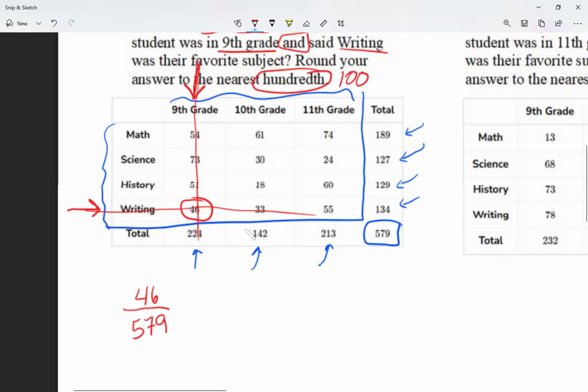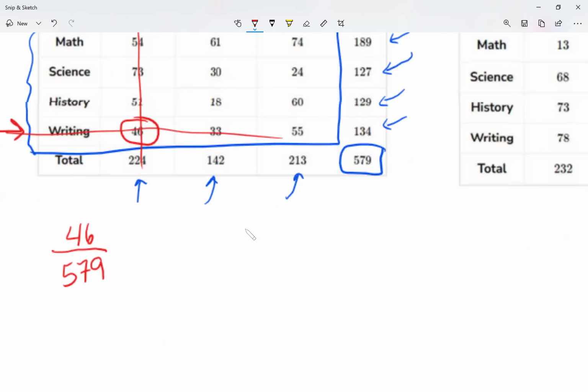Now on my calculator right now, I just had that this was about 0.079. Like I said, there were more numbers. I wrote three decimal places. Even though my answer says round it to two decimal places, I do write three for right now. I do write three, and then I take a look at my third decimal number. In this case, 9.